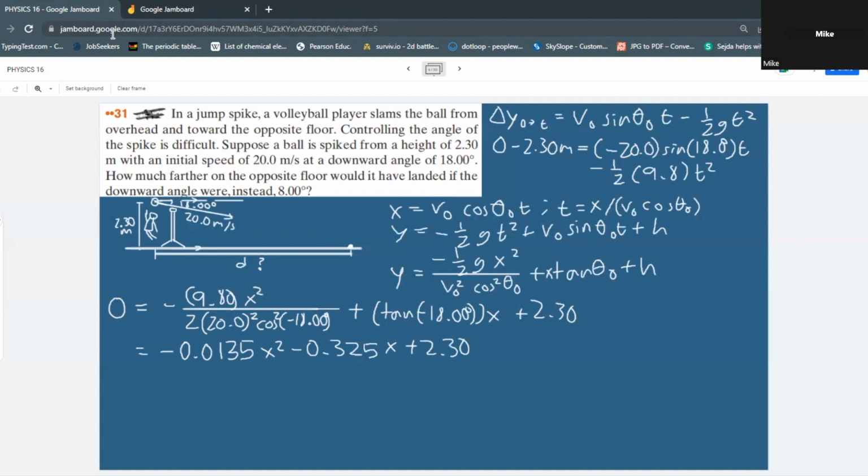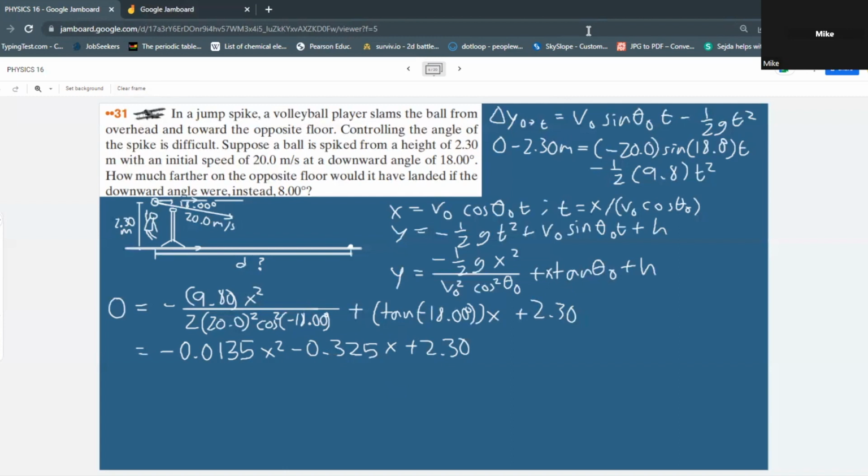Okay, then the tangent of negative 18. Wait, what is the tangent of negative 18?